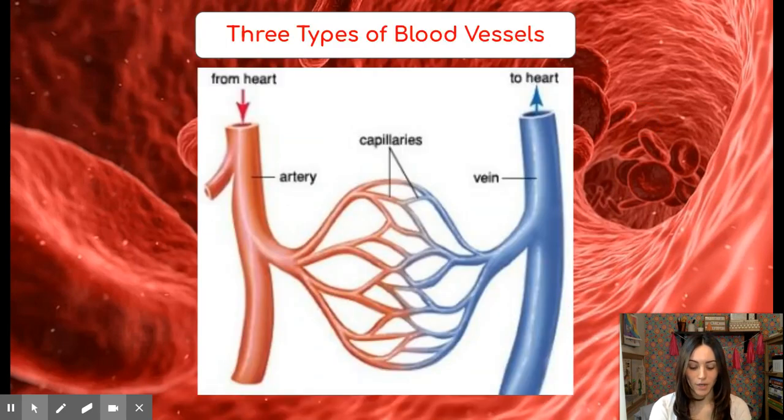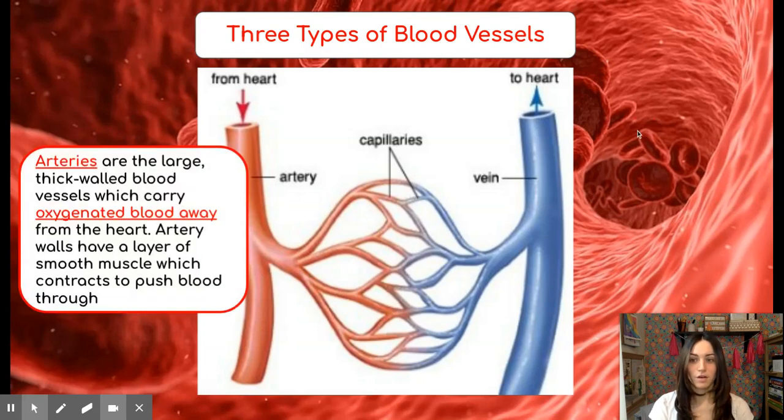Now we know that one of the major parts of the circulatory system is the blood vessels. Now we must talk about the different types of blood vessels, and there are three. First, we have arteries. Arteries are the large, very thick-walled blood vessels which carry oxygenated blood, or blood carrying oxygen, away from the heart.